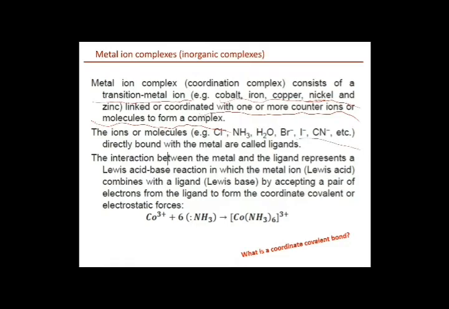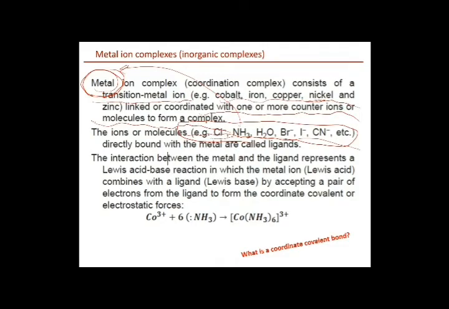Now the ions can be one of these or any other ligand. Here in metal ion complexes, the metal is the substrate and the ion is the ligand. This will donate electrons to this metal, or it will form a complex with the metal. That is why we call it a metal complex.